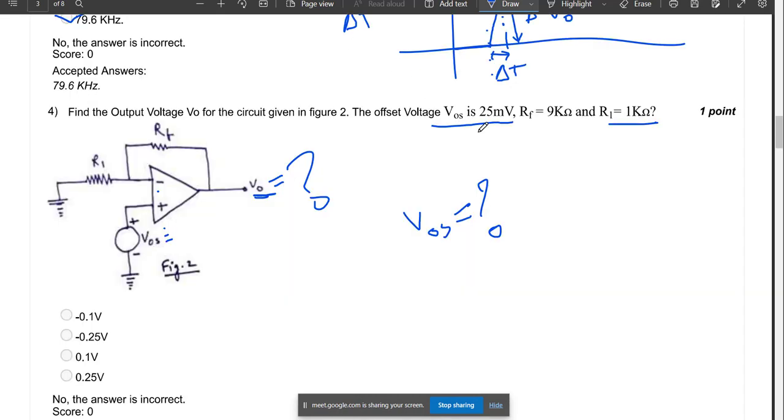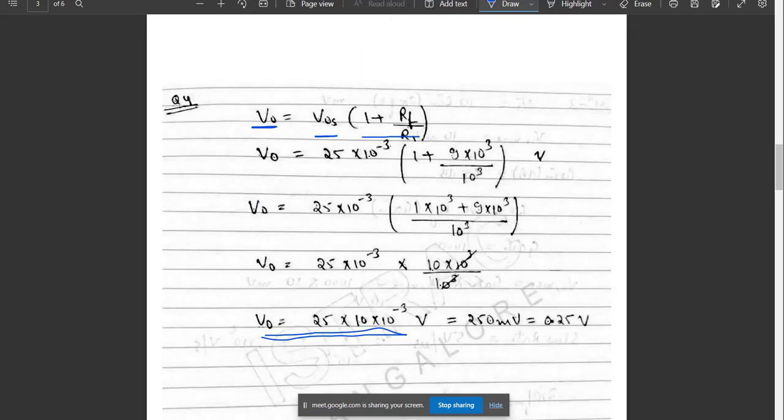So if the offset voltage here is 25 millivolts, at output how much will we see? We'll see VOS into 1 plus RF by R1. This is the gain for the closed loop op amp. So 25 into 10 to the power minus 3, into 1 plus RF by R1. RF and R1 are given.